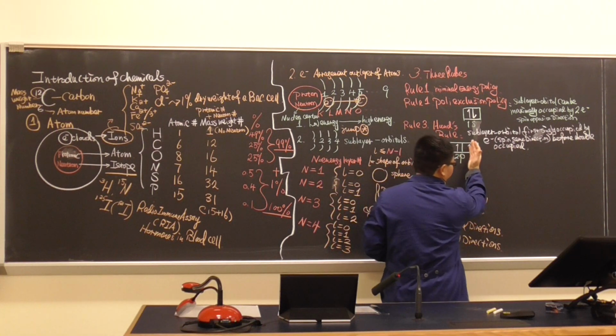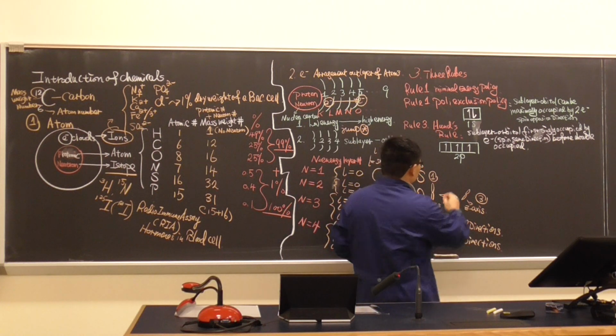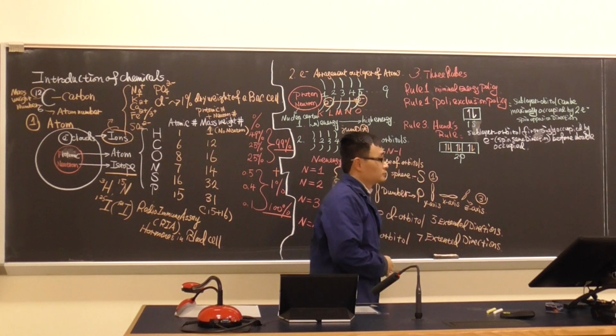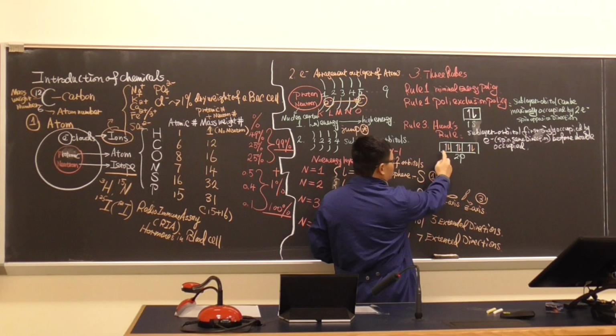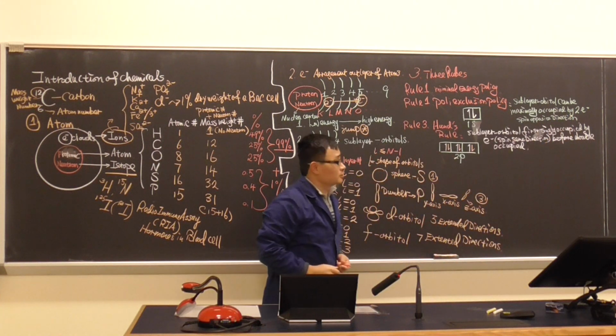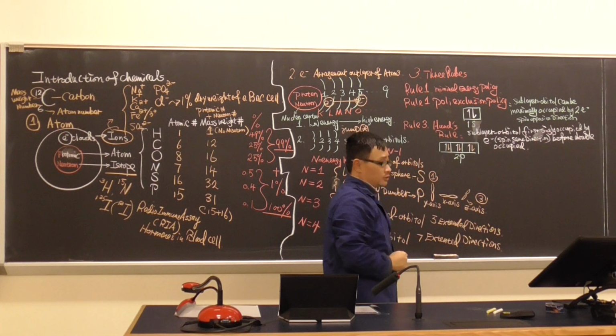They fill it up first and spin the same direction. Then have the second one go there. Every corner, every circle, every box orbital can only be occupied by a maximum of 2 and spin opposite direction. So this follows Pauli exclusion policy.